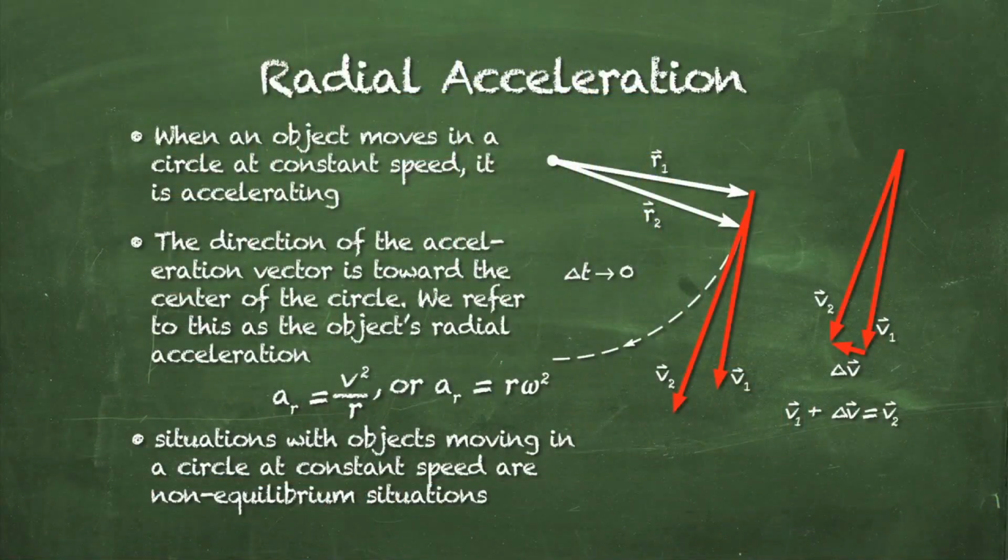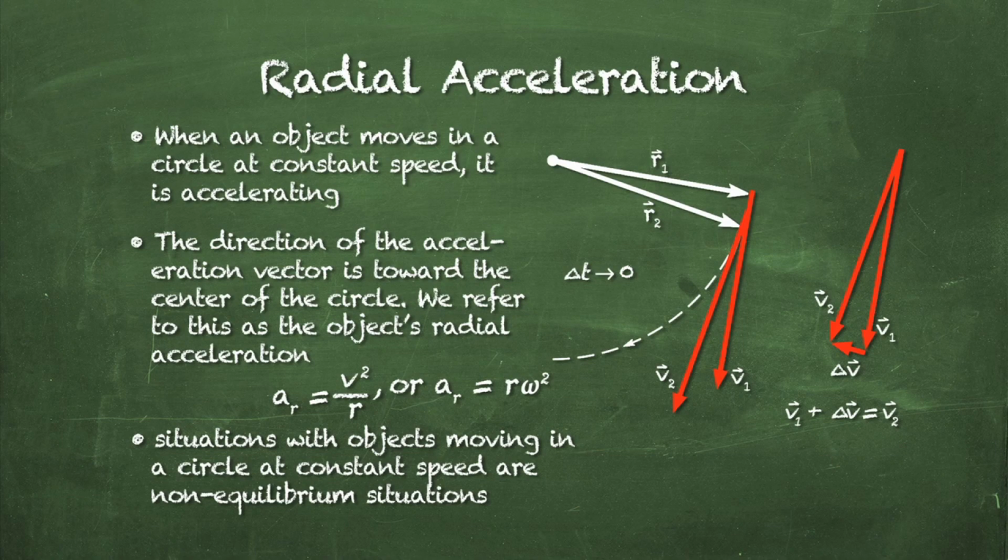Now let's put some equations to that. The acceleration towards the center of the circle we call radial acceleration. And as we said, when an object moves in a circle at constant speed, it is accelerating. The direction of the acceleration vector is towards the center of the circle, and we'll call this radial acceleration.